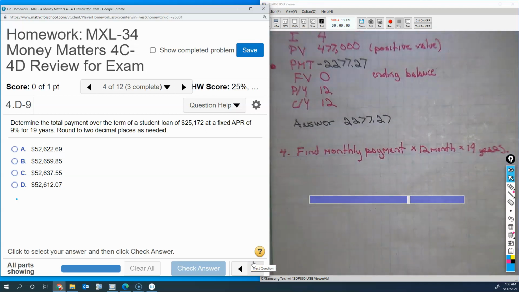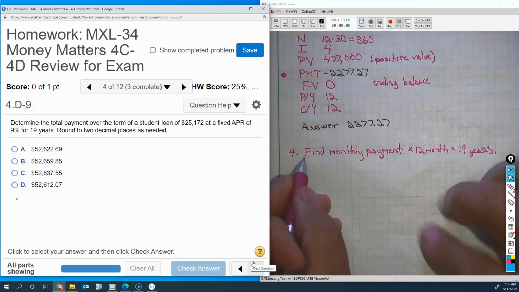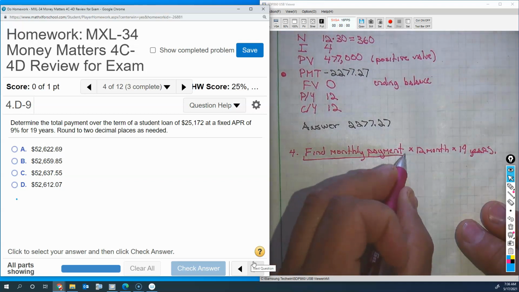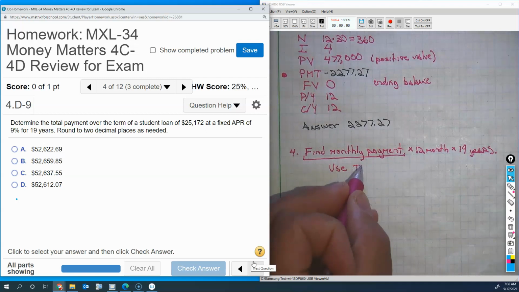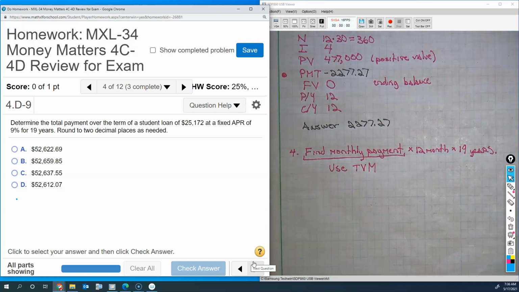Okay, so we'll get the monthly payment using the TVM. So we got N, I, PV, PMT, so this is what we're solving, FV, PY, CY.